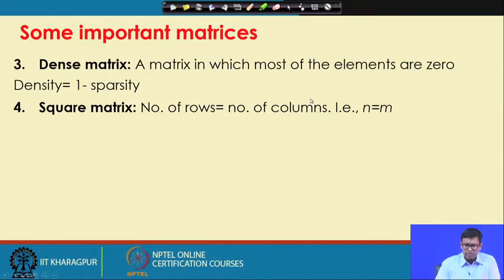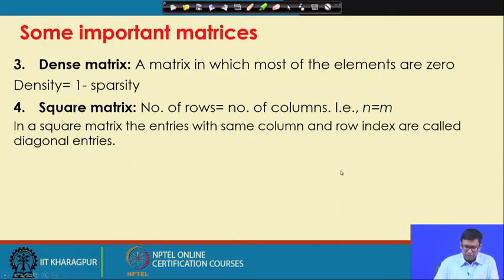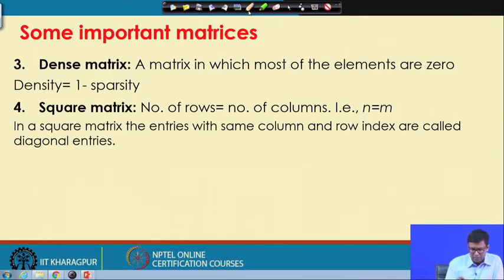A square matrix is where the number of rows is equal to the number of columns, and in a square matrix the entries with the same row and column index are called the diagonal entries. So, for example, in this matrix 1 2 3 4, the entries with i equal to 1 and j equal to 1, i equal to 2 and j equal to 2 are the diagonal entries.